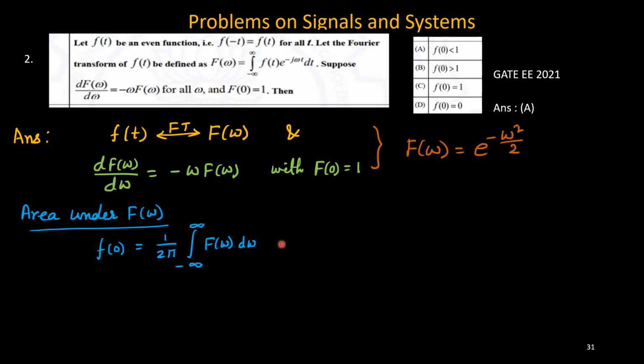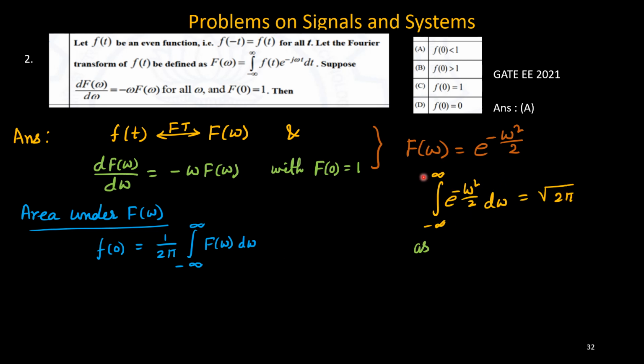So here f of 0 is the total area under this F(W), with scale factor 1 upon 2 pi, and already we know this function F(W) equals e to the power minus omega square by 2. So we need to integrate this function, the total area under this curve.